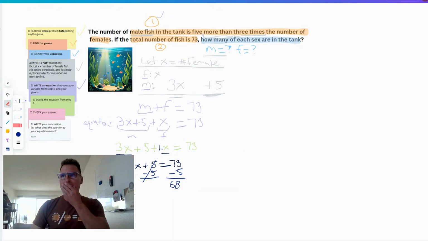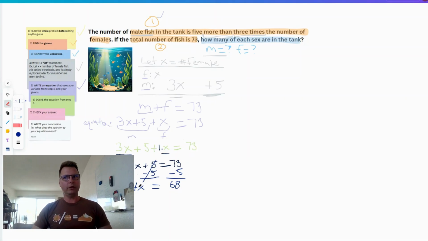Okay. And then bring down the 4x on the left-hand side, because plus 5 and minus 5 is 0, so we have nothing left over here but the 4x. Okay, so we have 4 times x equals 68.